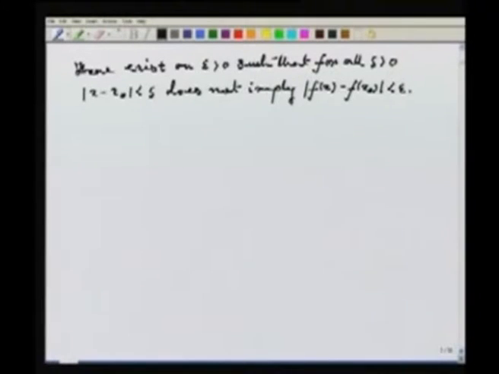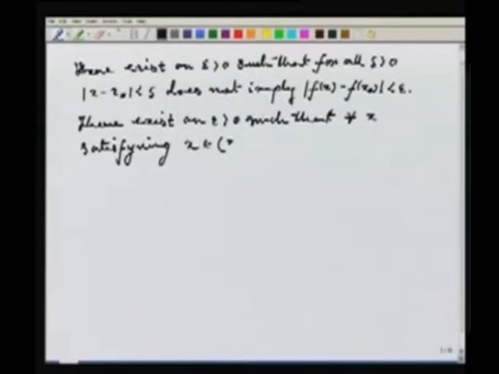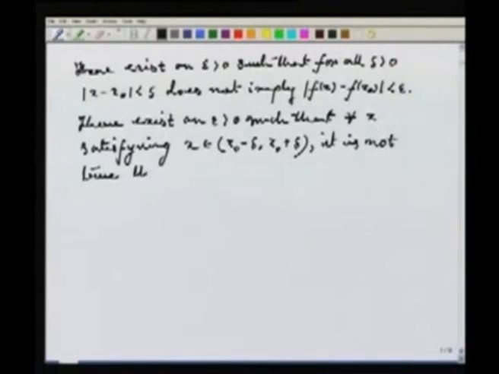Written in other language, there exists an epsilon bigger than 0 such that for all x in the interval x0 minus delta, x0 plus delta, it is not true that f(x) belongs to f(x0) minus epsilon, f(x0) plus epsilon.